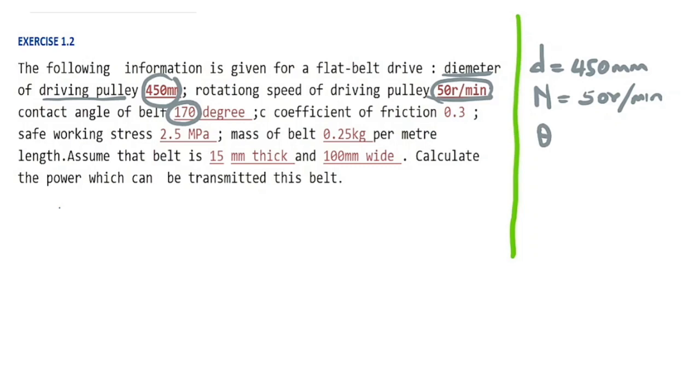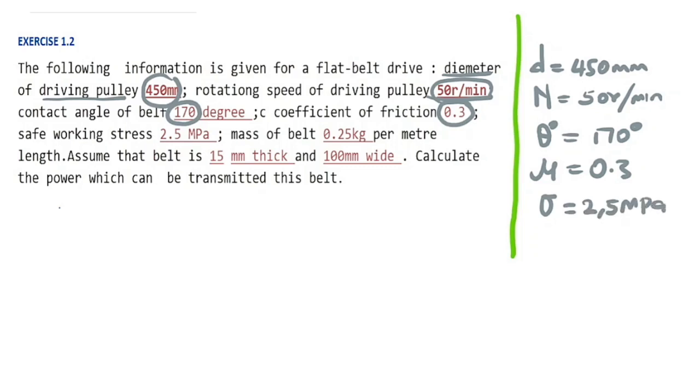Then we'll write it is 170 degrees, the contact angle. Then we have the coefficient of friction. It is 0.3. Then we have the stress here, it is 2.5 megapascal.